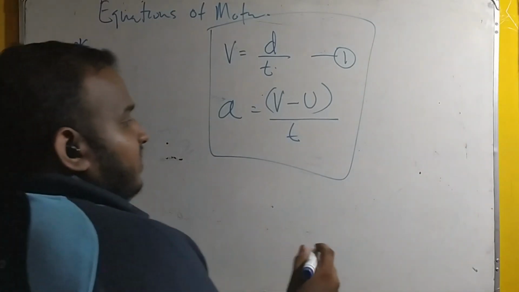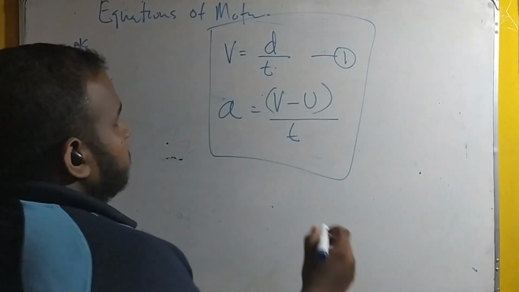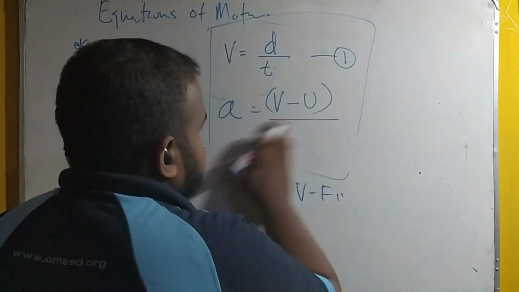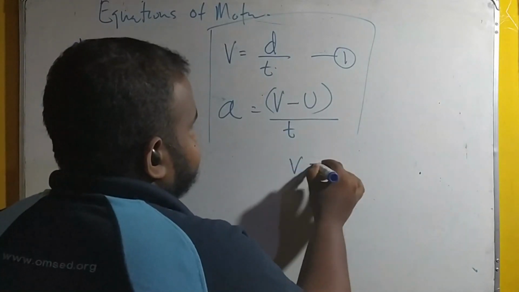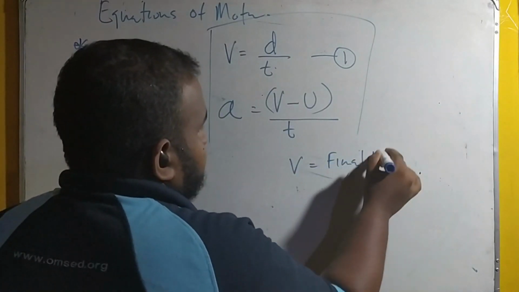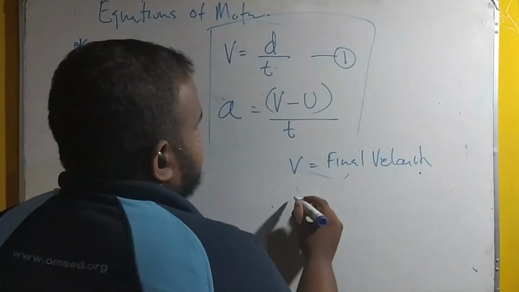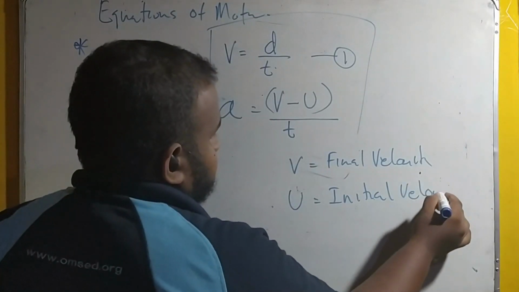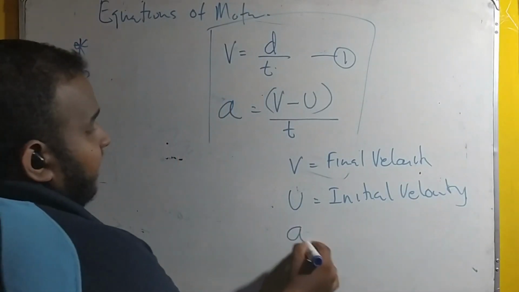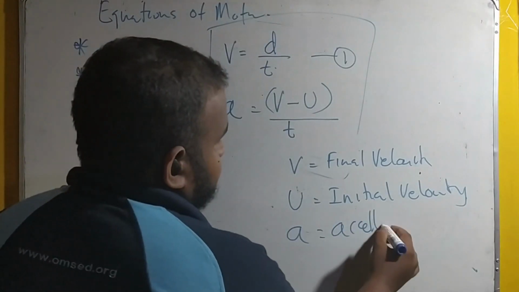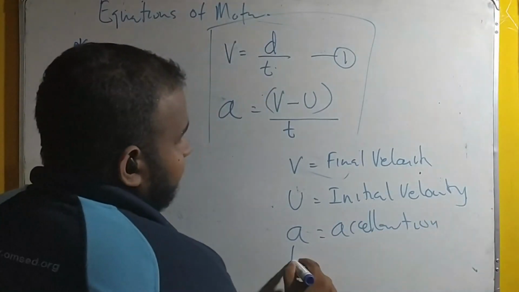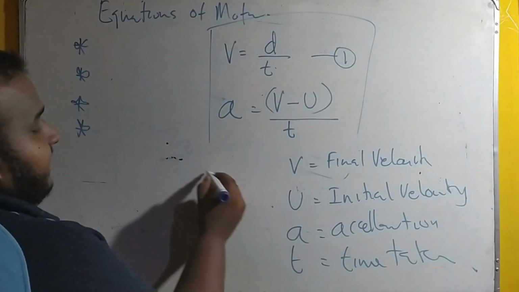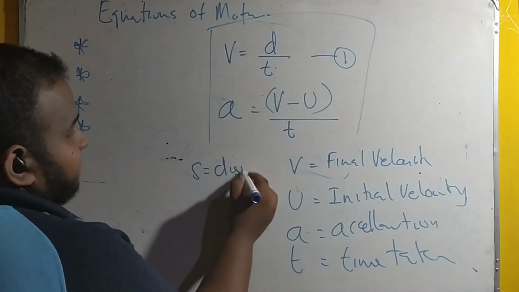Before that, we should know the abbreviations we use. So here v means final velocity. Write them down, it is important. v means final velocity, u means initial velocity, a means acceleration, t means time taken, and then s means displacement.